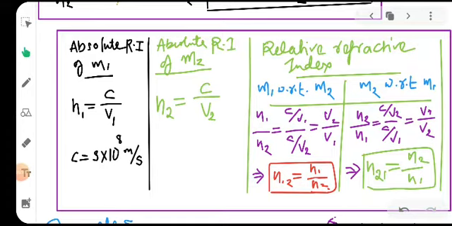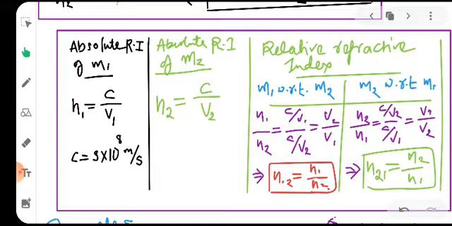Now we have come across two different kinds of refractive indexes. One was the absolute and the other one the relative refractive index. All these terminologies were defined based on velocities in the medium.